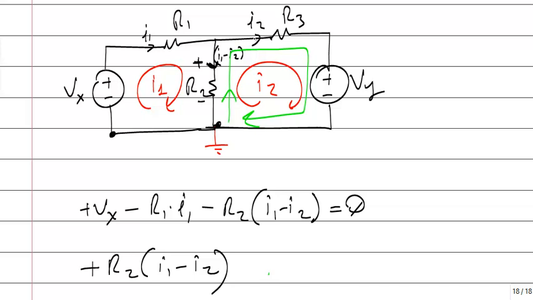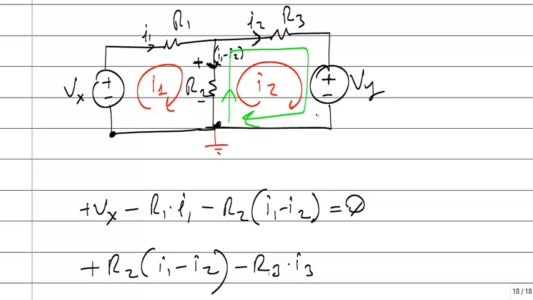Then I2 R3. This is the positive side, this is the negative side because of the direction of current. There is a voltage drop: minus R3 I2. There is a switch from plus to minus. Is the voltage increasing or decreasing? Decreasing, I am switching from plus to minus.